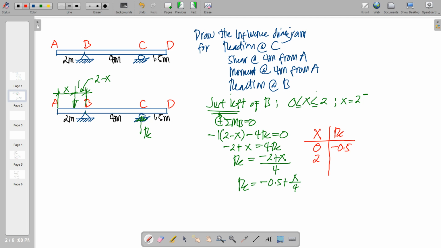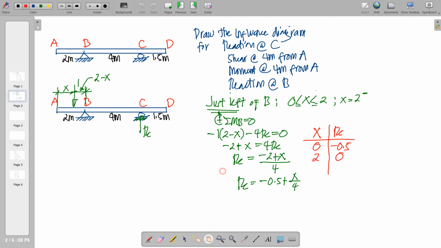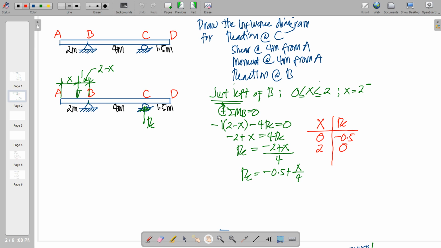We have negative 0.5 plus 2/4, and 2/4 is also 0.5. So negative 0.5 plus 0.5, your RC will be equal to 0. I think your tabulation will just be limited to 0 and 2, because as I have said, this equation is only applicable for just left of B.